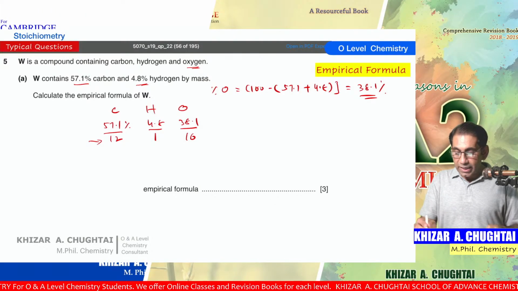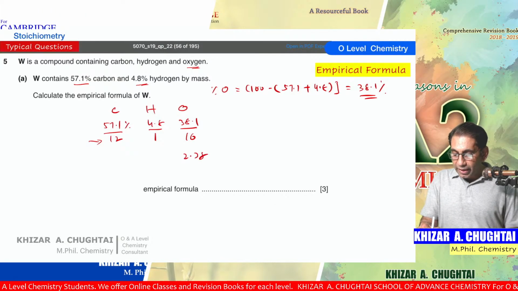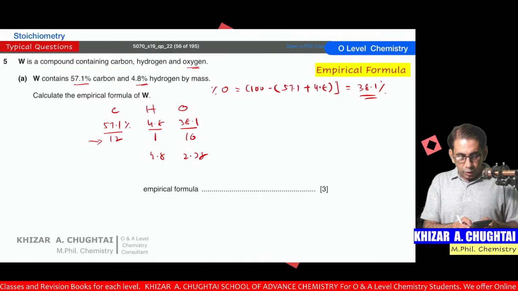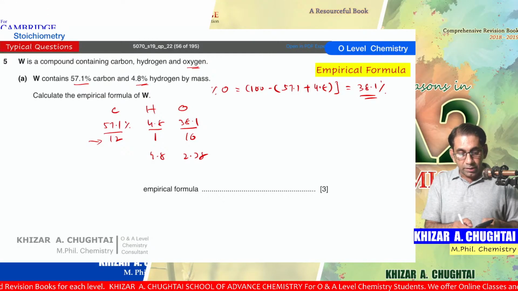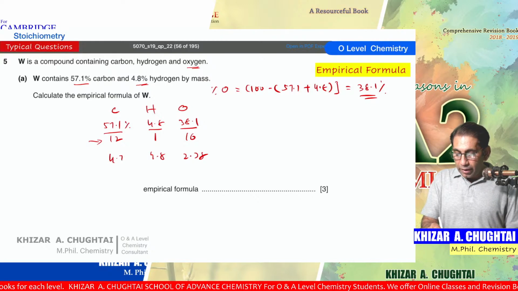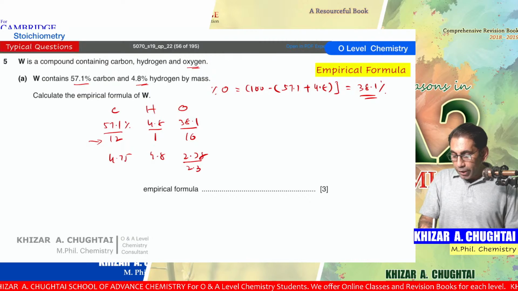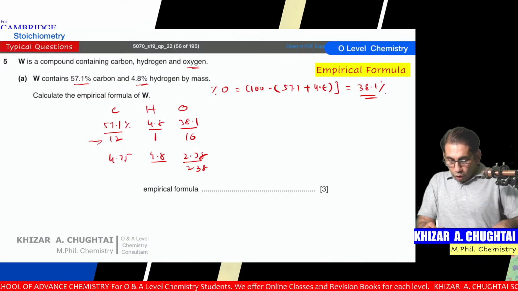So in this case, the answer is 2.38 almost. Here is 4.8. 57.1 divided by 12, and the answer is 4.75. The lowest answer is 2.38, so I am going to divide 2.38 to all these species.